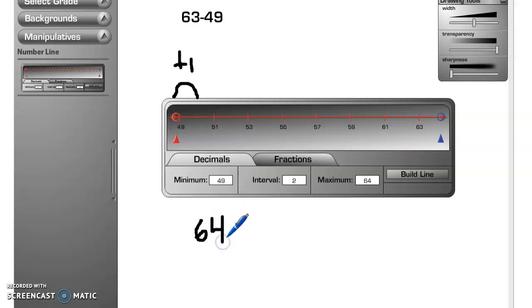So now our problem would be 64 minus 50. When I subtract those, I know that my answer is 14, because I'm subtracting 50, which is a 10, which is a little easier for place value.